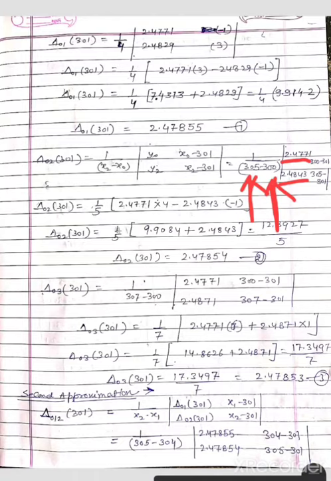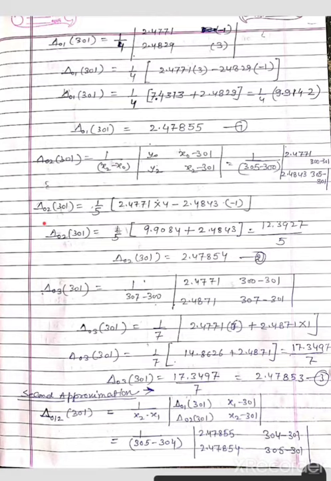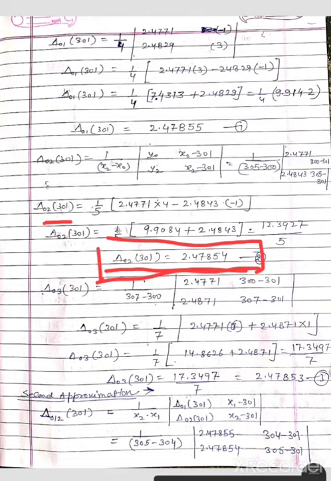Putting the value x equals 301, we can calculate the value of delta 02 at 301, and after solving the mathematical formulas, we obtain delta 02 equals 2.47854 at x equals 301.